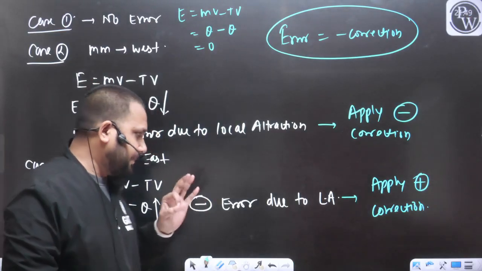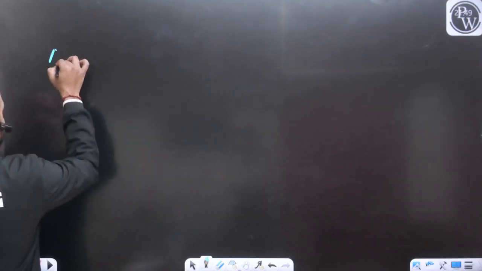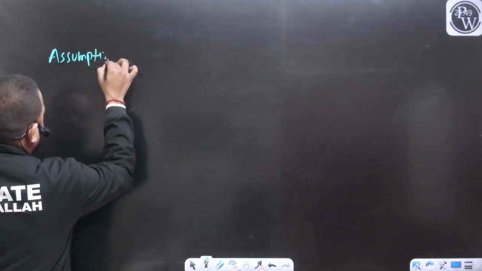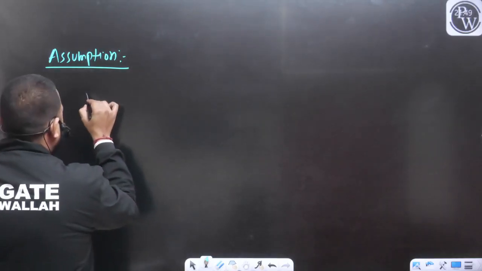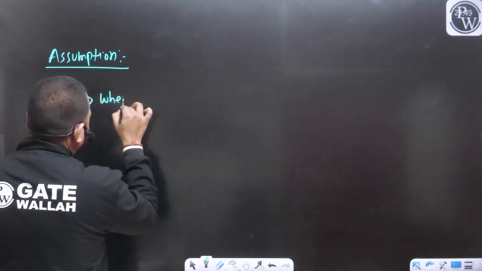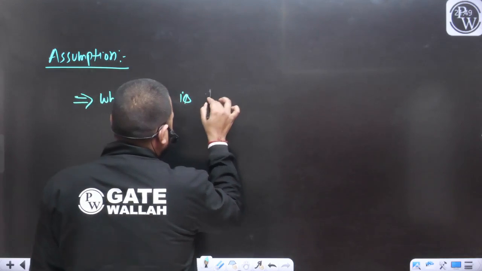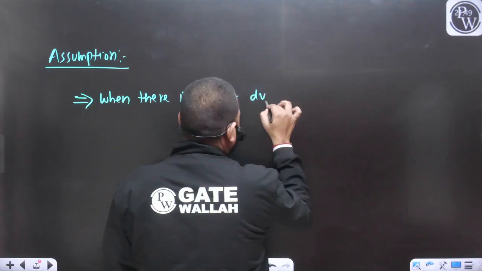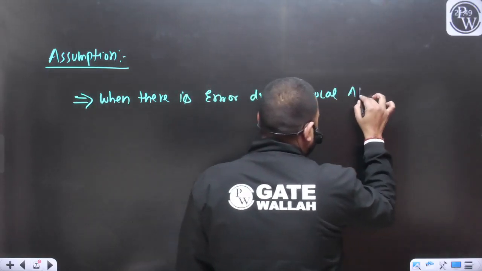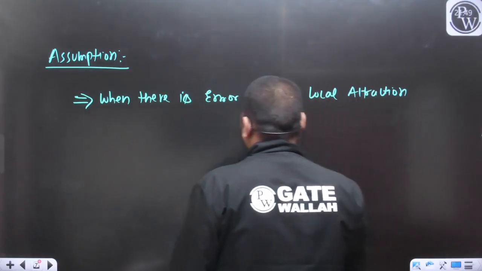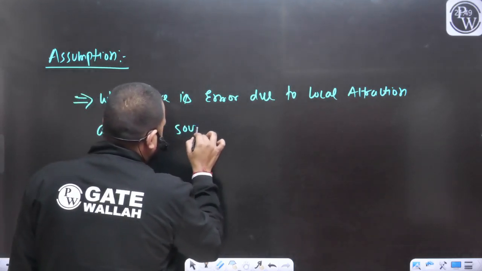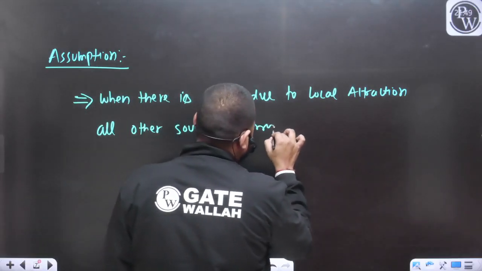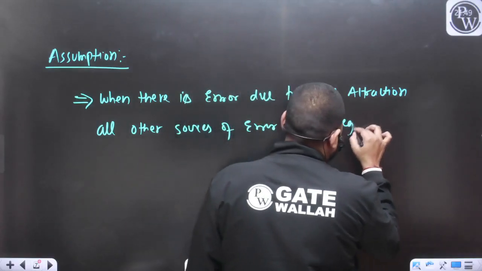But one more important assumption is there. Whenever we deal with local attraction, we are considering one very important assumption: when there is error due to the local attraction, all other sources of error are neglected.